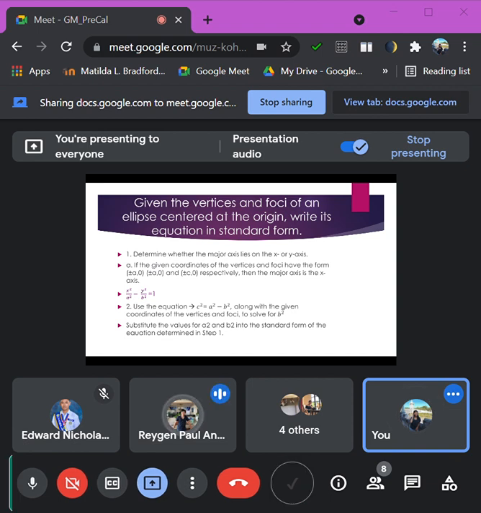Si a squared siya kay may numerator, denominator. Maybe denominator. So, very good, Ando. So, ato lang dyan tanawon kung asa atong a squared, para maka-identify ta if ang major axis kay naglay sa x or naglay sa y.